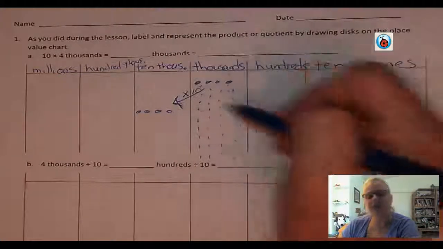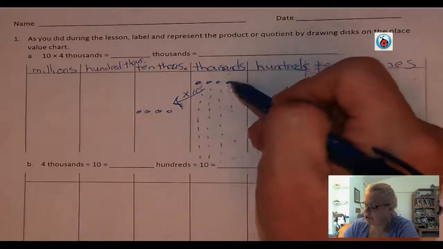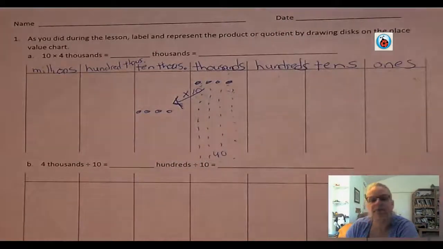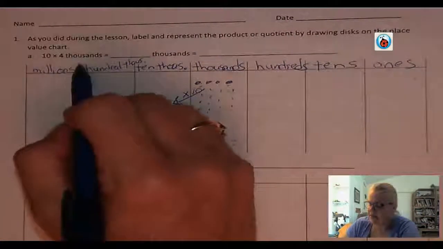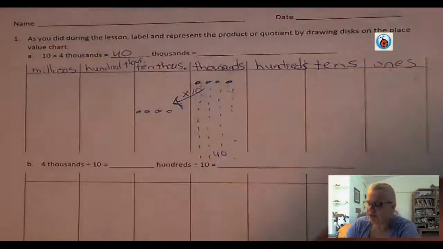So now we count all those by tens. We'd have 10, 20, 30, 40. We'd have 40 thousands. So 10 times 4 thousands equals how many thousands? 40 thousands.